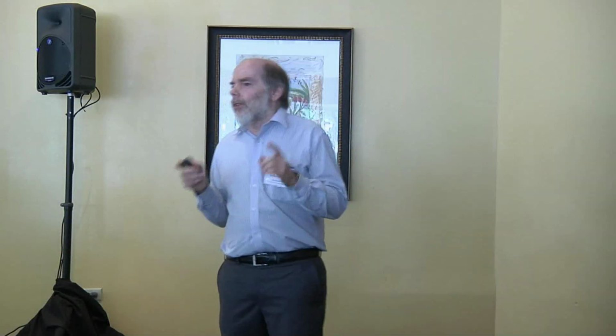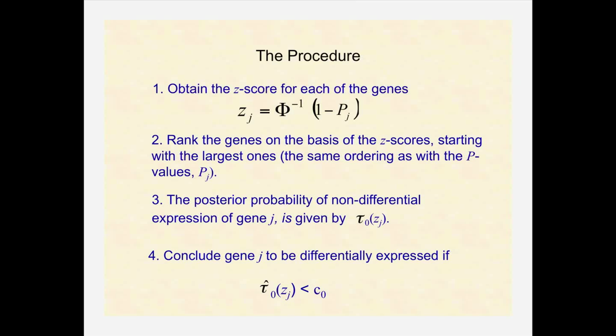But fitting mixtures on the interval 0,1 is not as nice as using the whole real line. And so what we do is we want to work on the whole real line. So given a p-value, we convert it by using basically the probit transformation. So we can convert our p-values to z-scores.